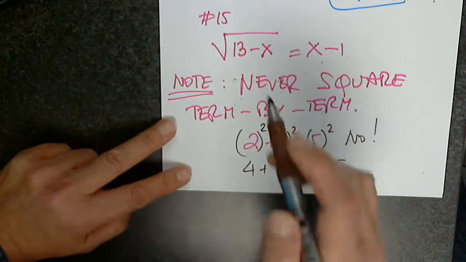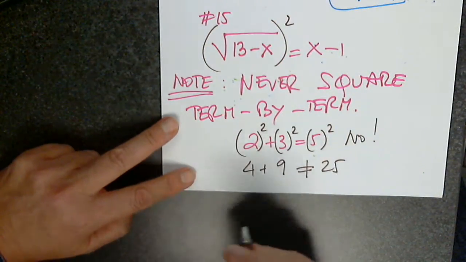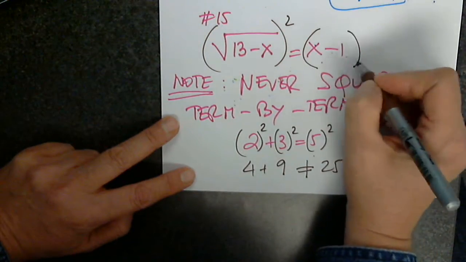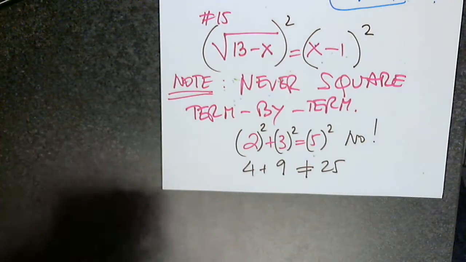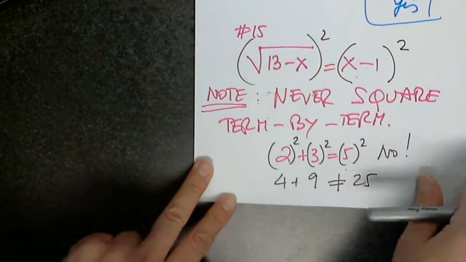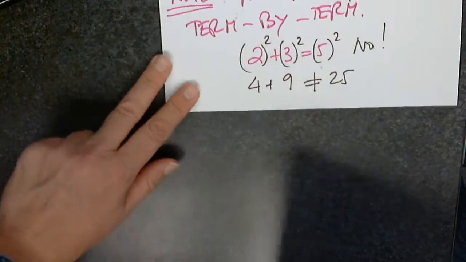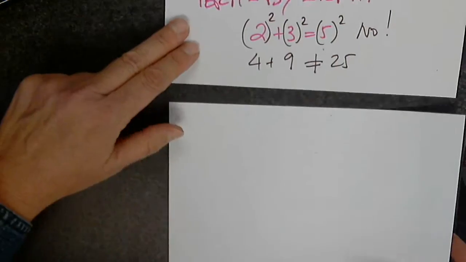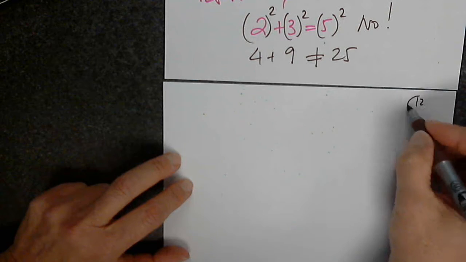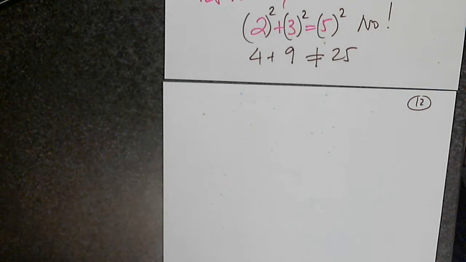What you can do is square the left-hand side as 1 unit together and square the right-hand side as 1 unit, not term by term. So therefore, when you square the left-hand side, what do you get? Can anyone tell us?